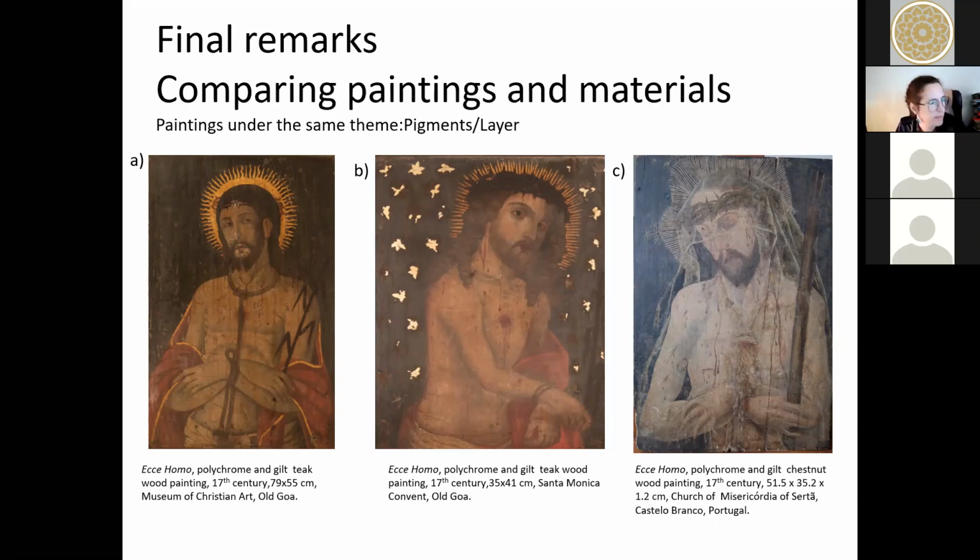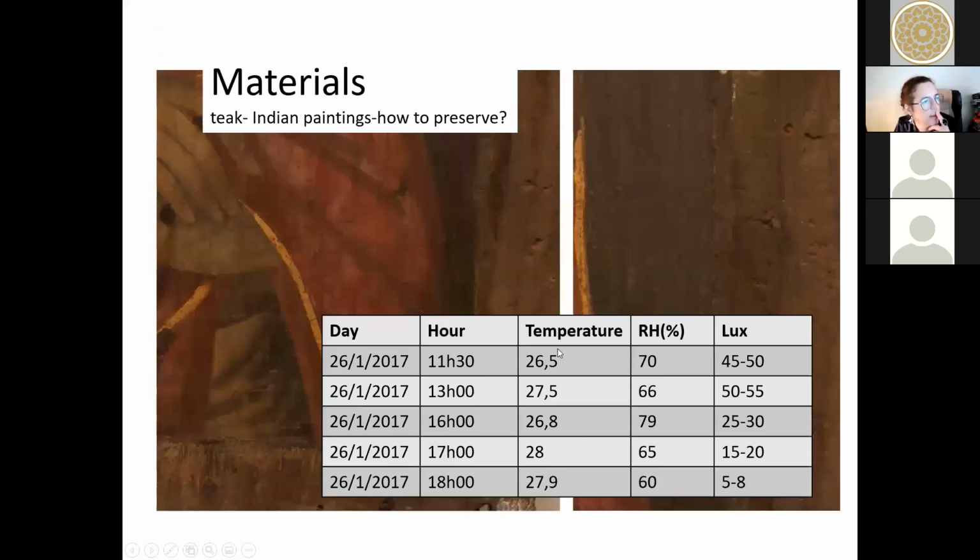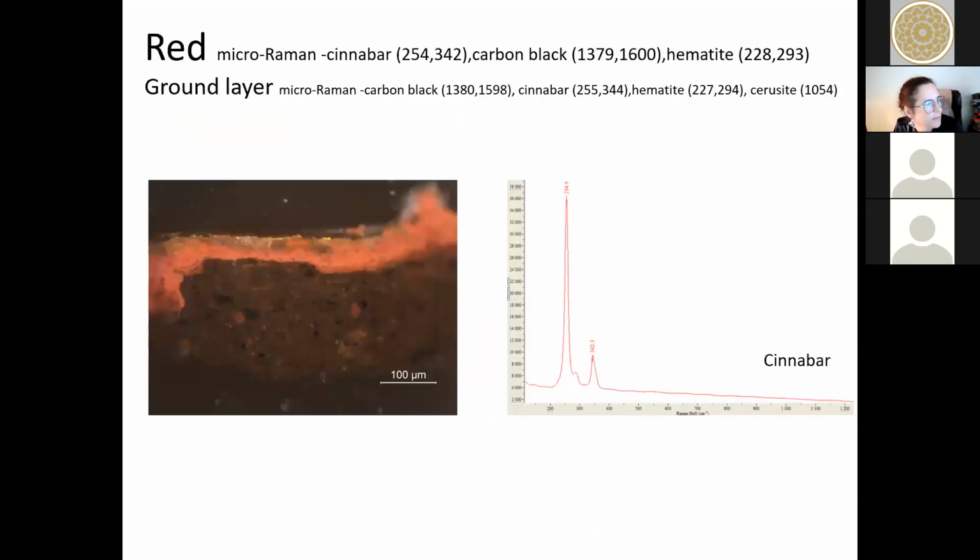We can see that it's not metal leaf, but we don't know if it's silver or gold. We can see by the reflectography that it is metal leaf.